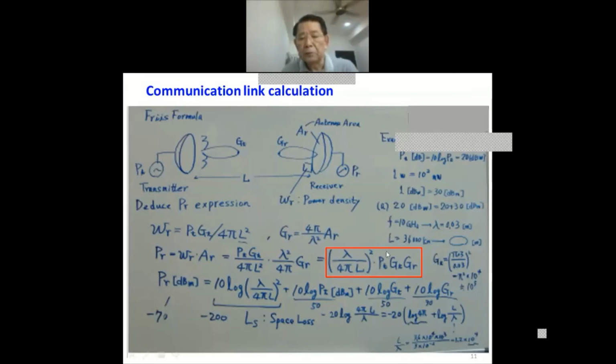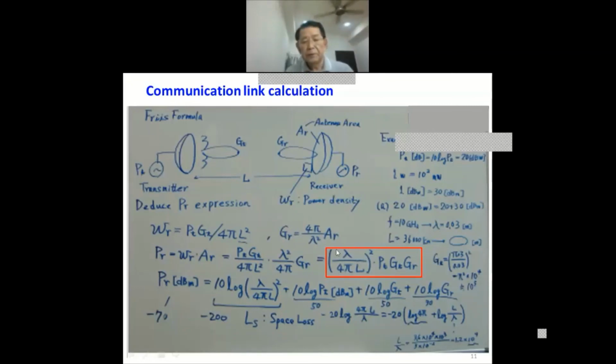This is called the free space loss, lambda divided by 4 pi and distance, squared. By this ratio, when distance becomes large, the received power reduces.